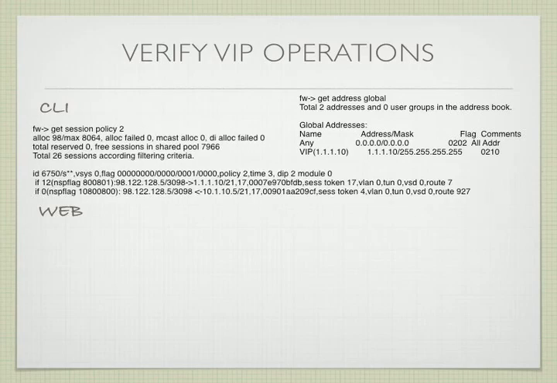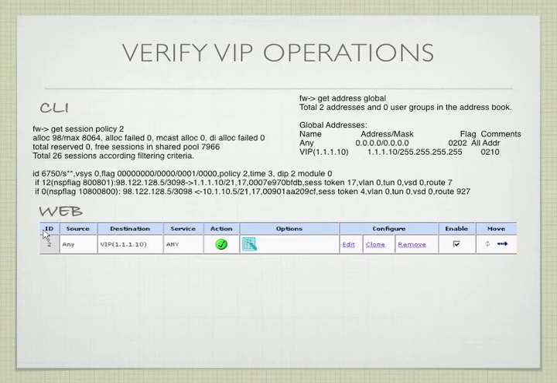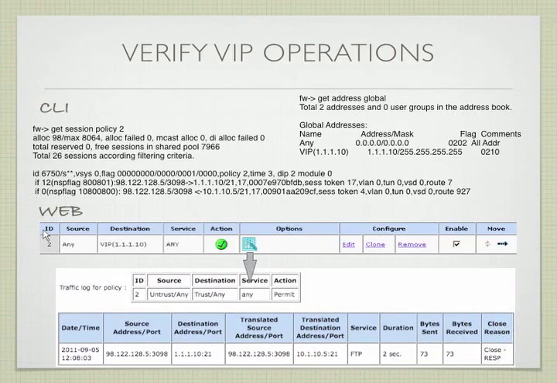And of course, to actually see the traffic, we go back to our get session policy number, in this case policy 2, and we can see that the translation is indeed occurring for the policy we configured. On the web, you will see that since we're not doing policy-based NAT, our action is permit, so it's the green arrow. And we go to our logging to see that the address port has been translated. The destination port has been translated from our 1.1.1.10 to the 10.1.10.5.